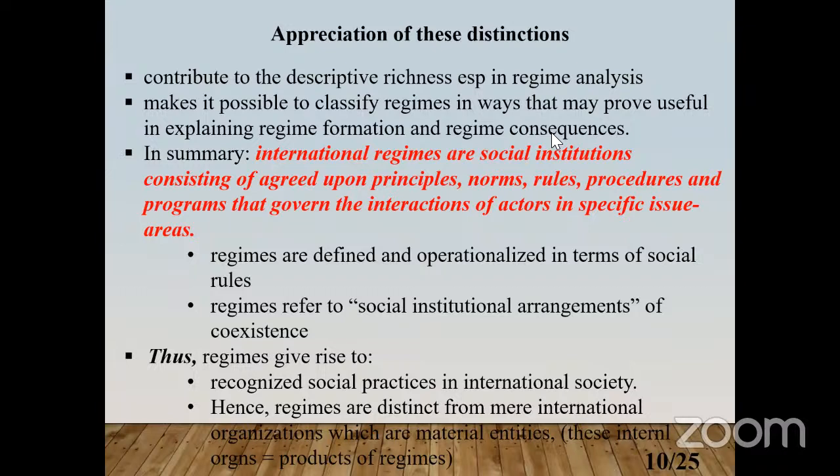Looking at the final summation you've given us, that international regimes are social institutions consisting of agreed upon principles, norms, rules, procedures, and programs that govern the interactions of actors in specific issue areas, none of the examples speak of what Al-Qaeda is about. And so I hesitate to call Al-Qaeda an institution that speaks to what we are discussing today.